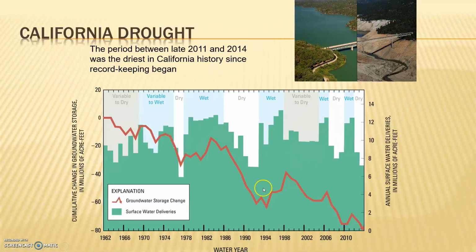Now, the green depicts surface water deliveries in millions of acre feet, meaning the amount of surface water that was delivered to various areas throughout California. And you can tell that that has continued to increase gradually over time, except that we've had some really dry years here.